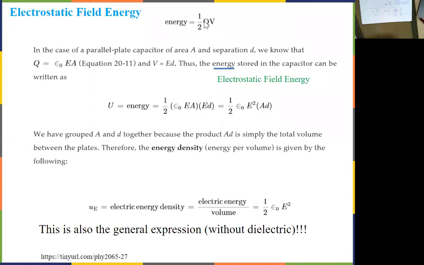Then we can calculate what would be the energy density. In this case, you just rewrite V as E times D, the electric field times the separation of the two plates.